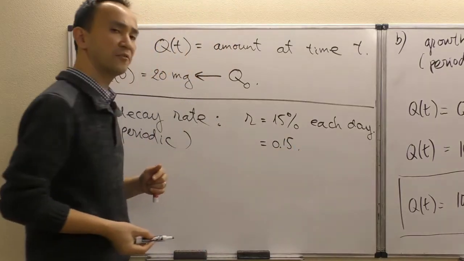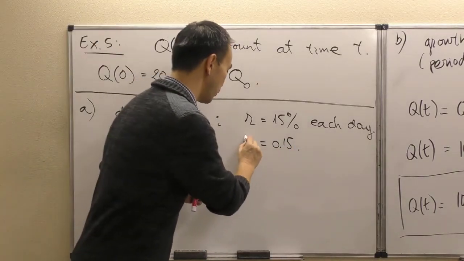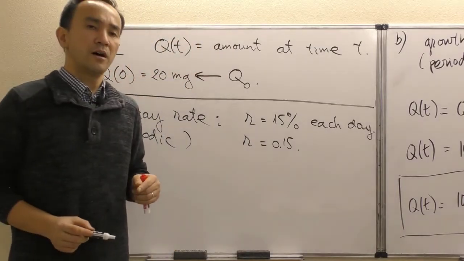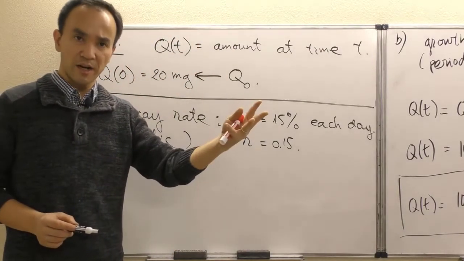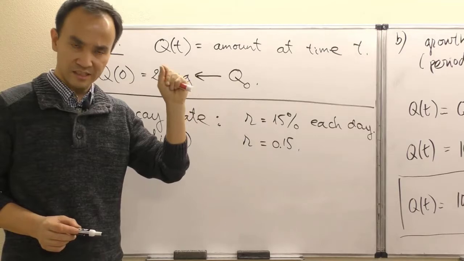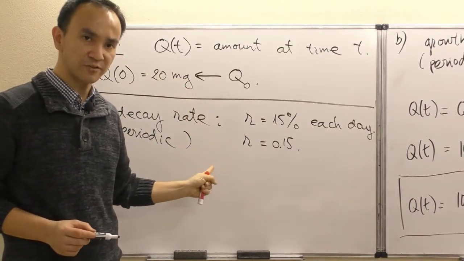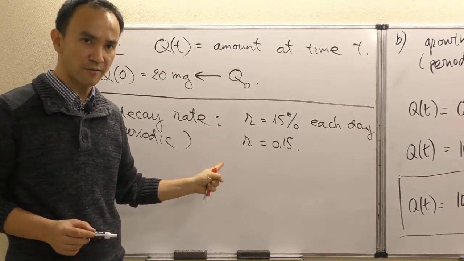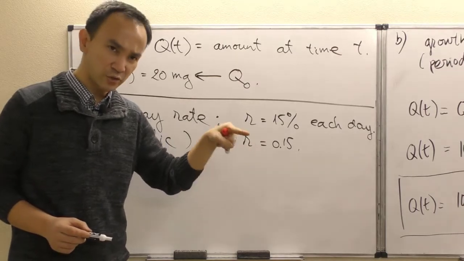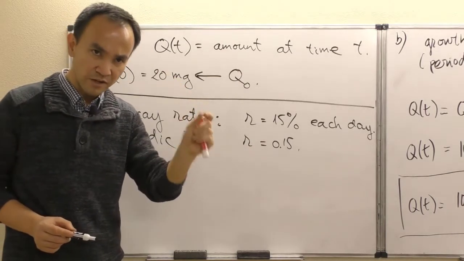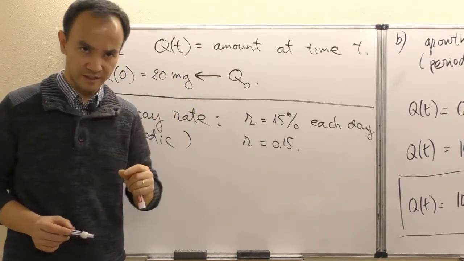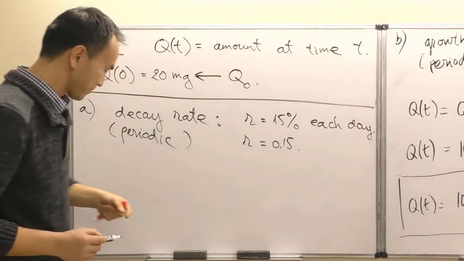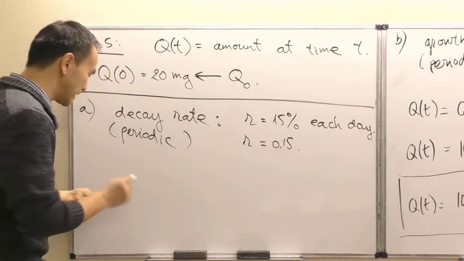R equals 0.15. All right, and as in my arguments earlier, it's easier and a lot more direct for this particular case that we head straight into the periodic decay model. And so what does the periodic decay model look like?